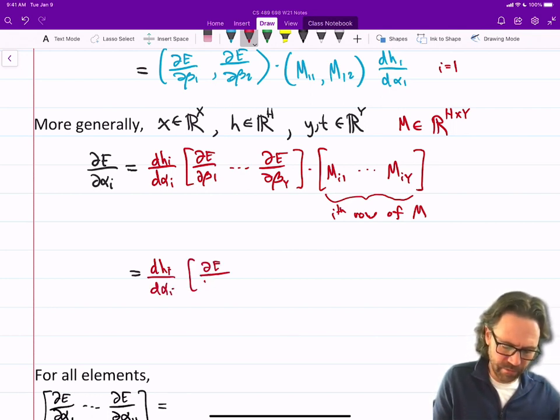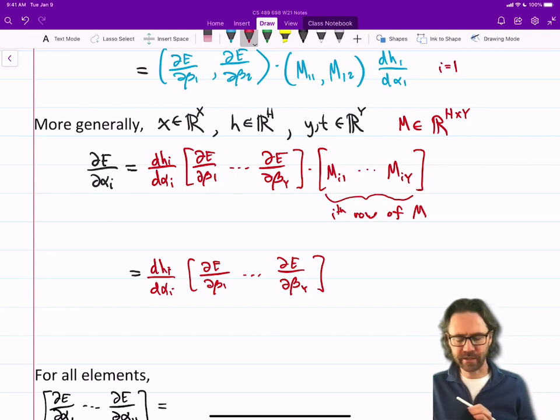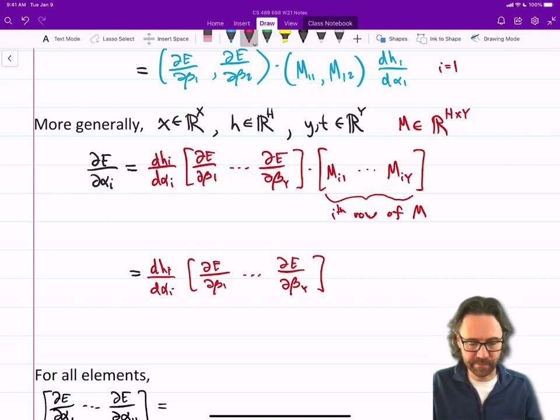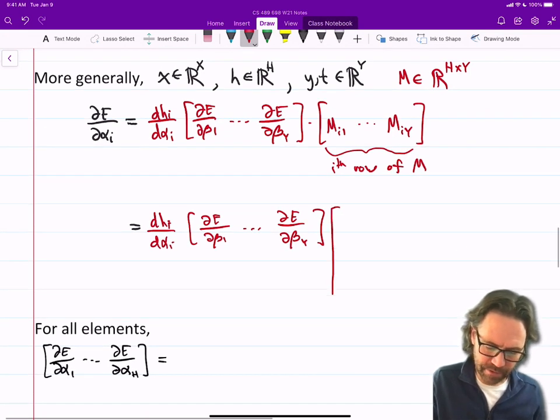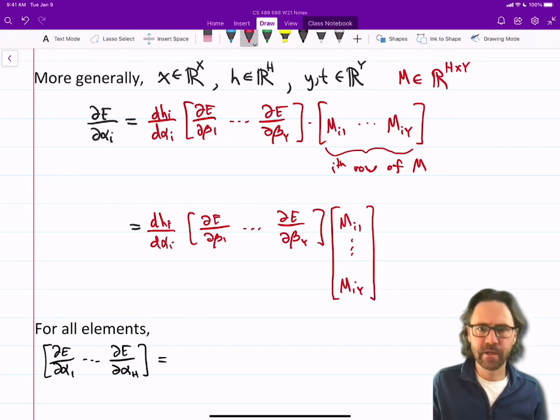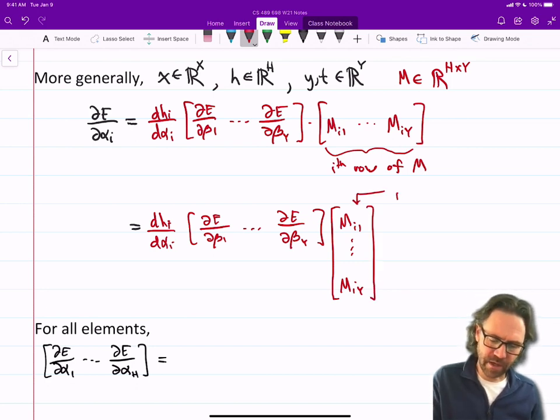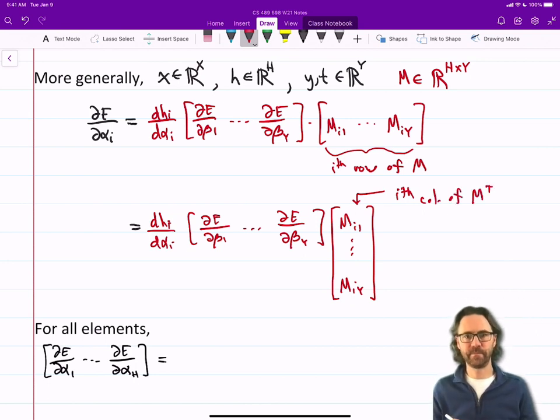Keeping this as a row, now instead of doing a dot product, we're going to have a row times a column. So putting those M's in a column now, Mi1 all the way down to MiY. So now this is the ith column of M transpose.